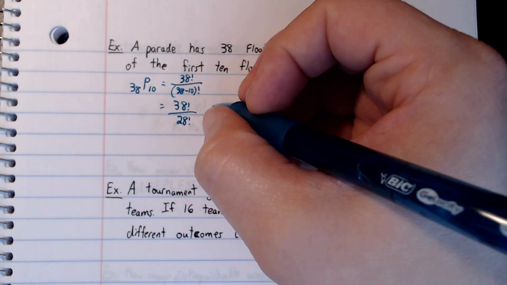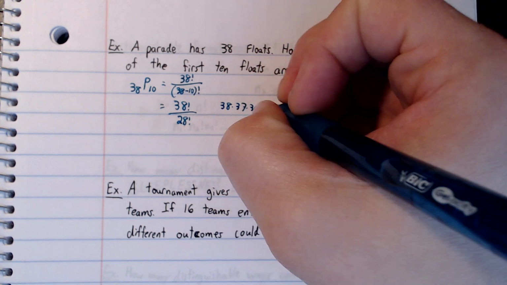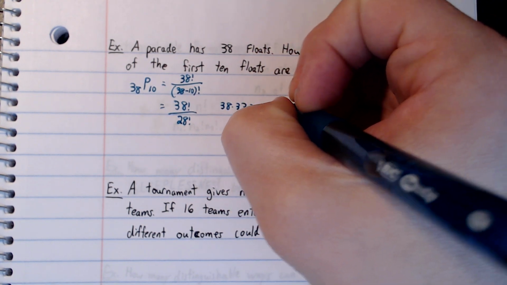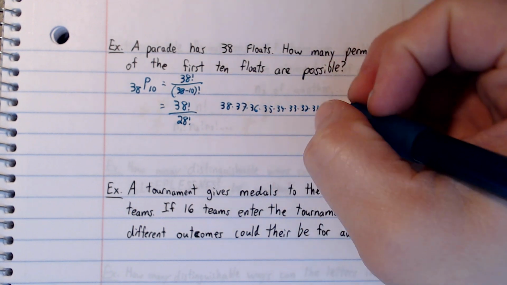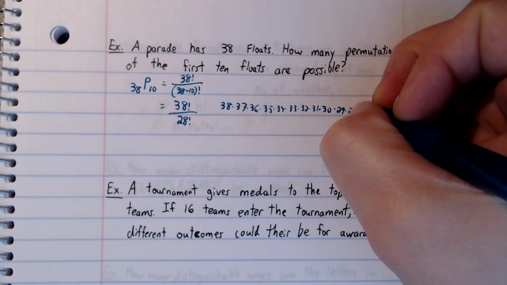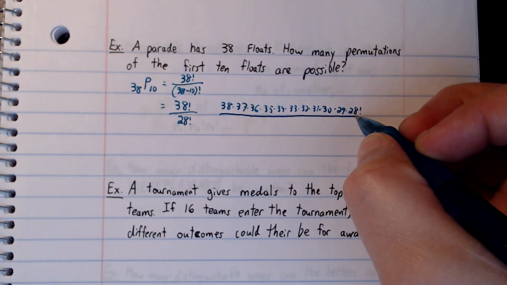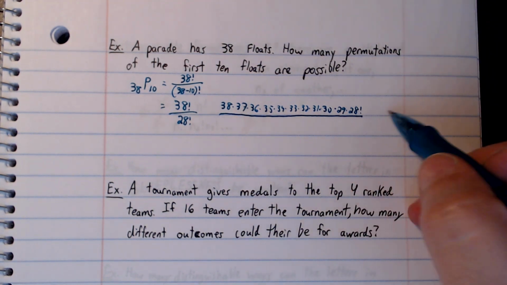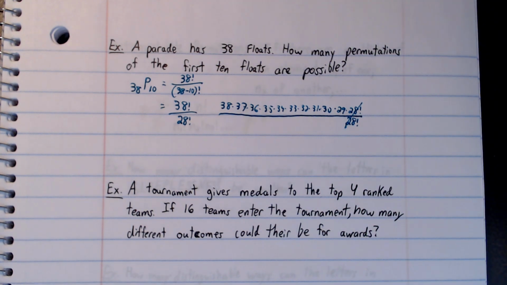So we're going to expand this: 38, 37, 36, 35, 34, 33, 32, 31, 30, 29, 28 factorial. The reason I'm stopping there is because if I expand this 28 factorial, those will both cancel out.